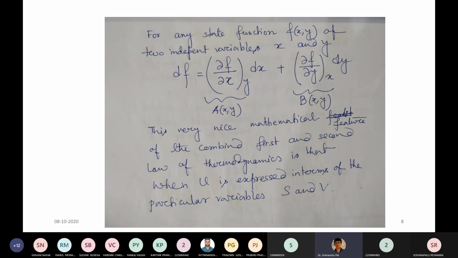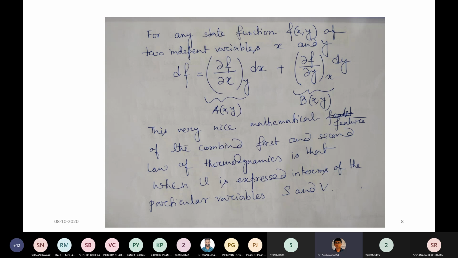Now what will happen with the state function f(x,y) if you want to represent that function in a differential form? Since it is a state function, df will be an exact differential. In the left hand side, df is a differential. Then if you do partial differentiation of the function f(x,y) with respect to x, taking y as constant, it will be a function of x, y, and you can take that as a(x,y) multiplied by the exact differential of the x variable, dx.